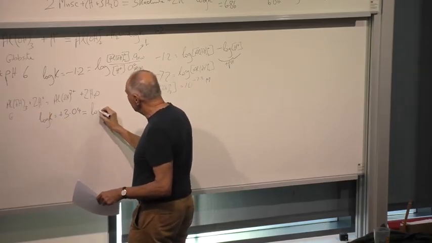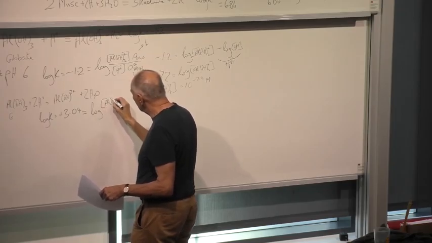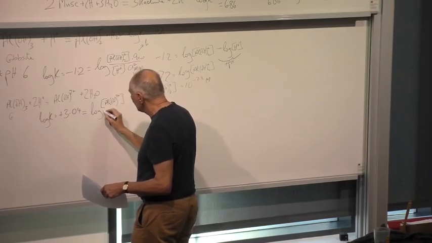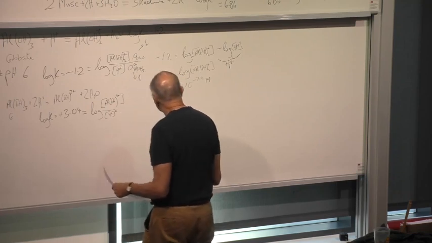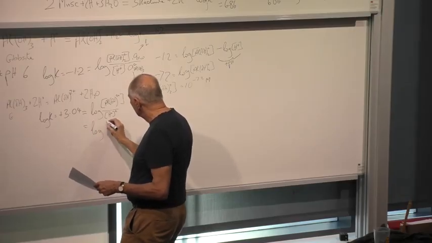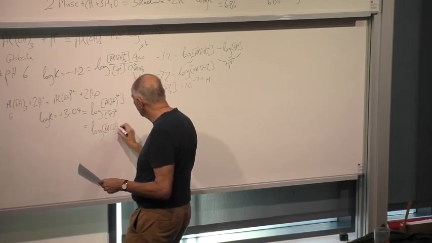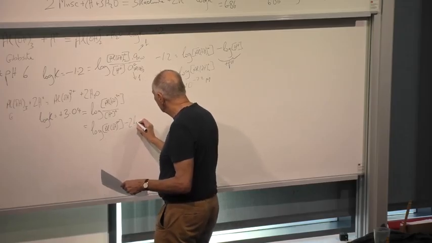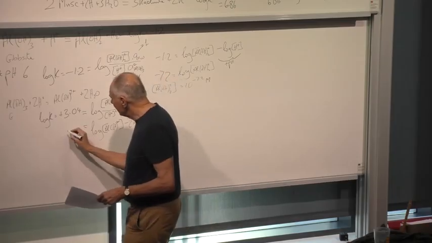So that's going to be log of the concentration of AlOH2 plus over H plus squared, that's equal to log concentration of AlOH2 plus minus 2 log H plus, so that's plus 3.04.